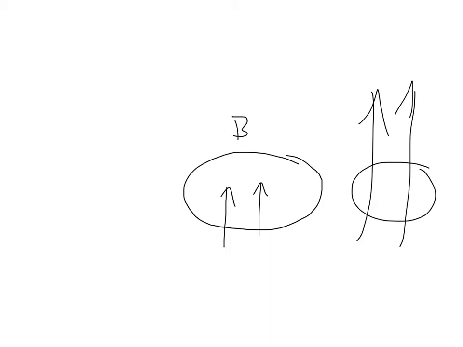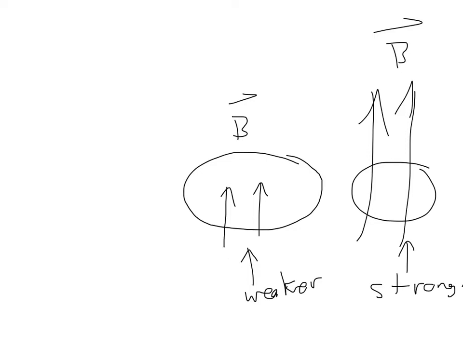This is the B field. As the magnetic field gets stronger, Lenz's law is telling us that currents are going to be generated in the coil to oppose this strengthening of the magnetic field.